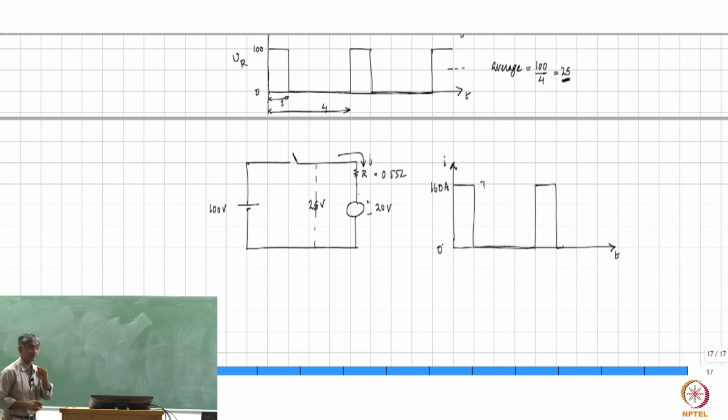We want constant current. Why do you want constant current? The motor will generate an electromagnetic torque which is dependent on this waveform. A scaled value of this waveform is the electromagnetic torque, and you don't want to apply this kind of torque to the load. It is a huge ripple torque. You don't know what the load will do, right? Therefore, this waveform is not acceptable.